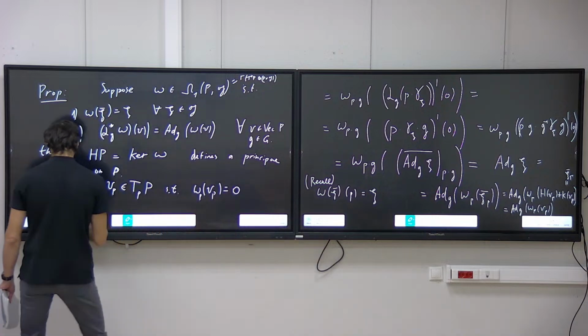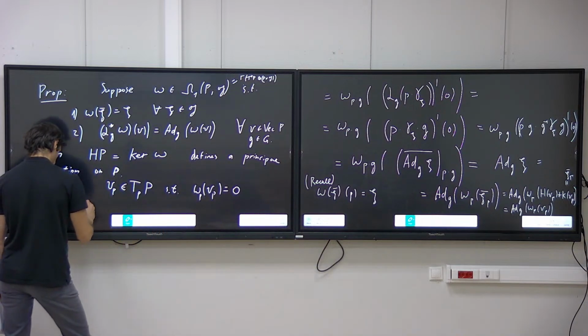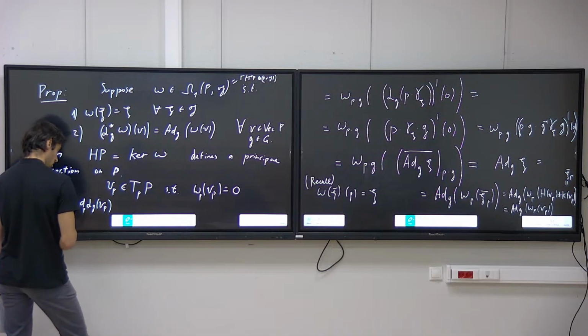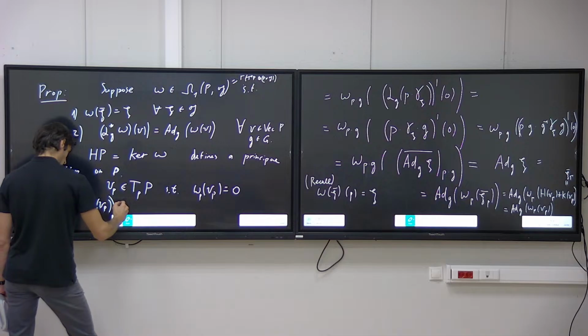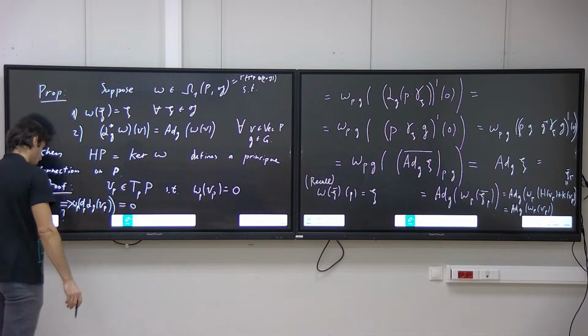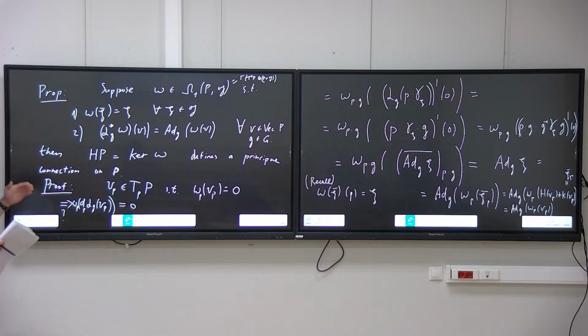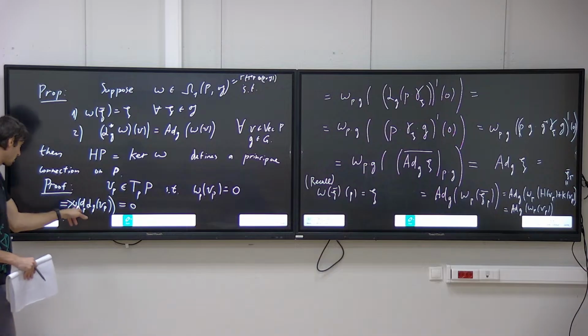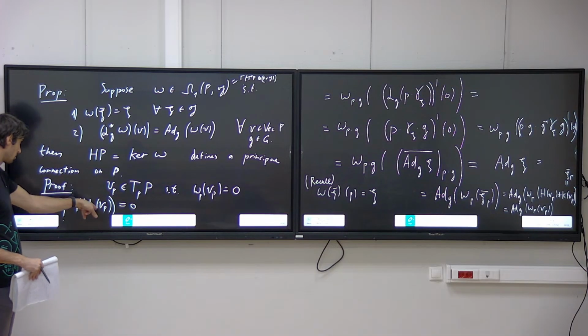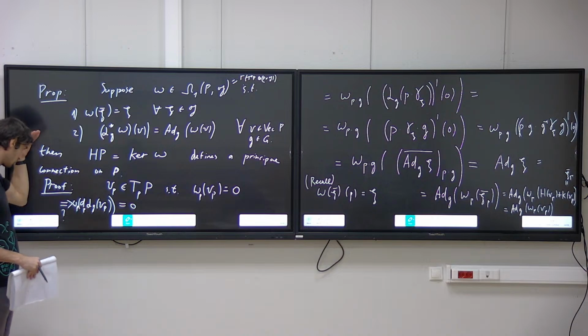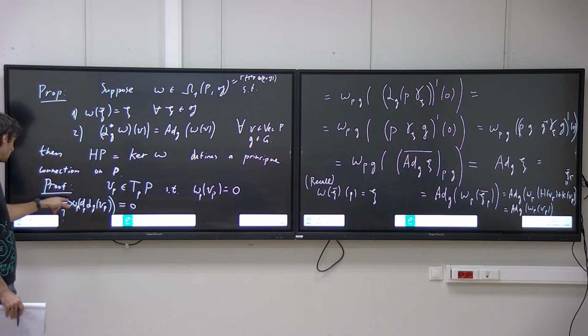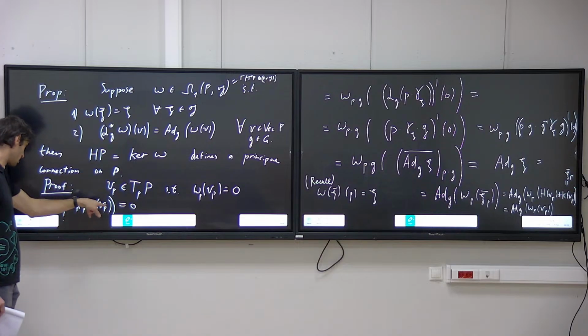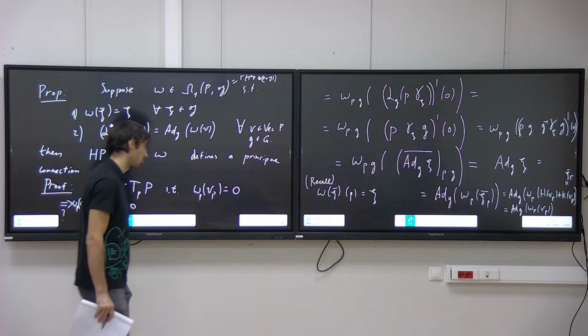Is it true that D alpha G of VP is also in the kernel, right? So I need to take omega P of this, and this is 0. So that's what we need to check, right? So my alpha moves horizontal to horizontal. Well, moves means that I'm applying the action. Since I'm talking about tangent vectors, I need to take the differential of an action, right? So I take something from the kernel, and I want to obtain something from the kernel.